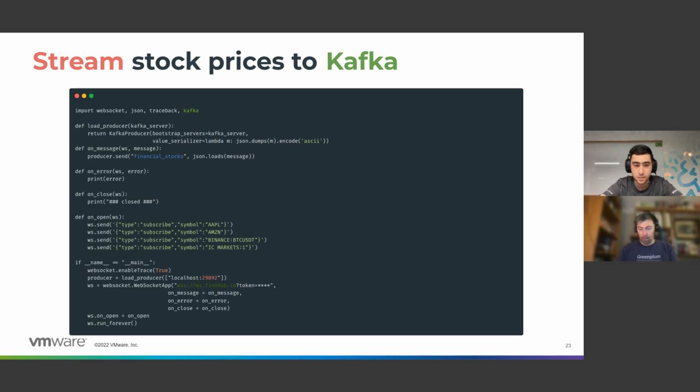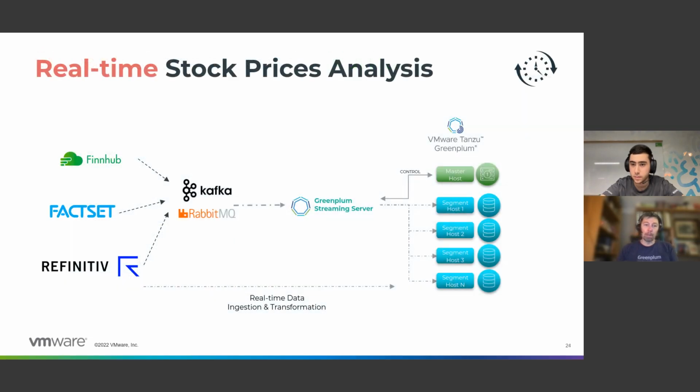Yeah, so this is, as we mentioned, the Greenplum streaming server. You submit a job, and the job will subscribe to the topic. There you go, that's the handy picture we made earlier. So you have a control server, the streaming server, that manages those jobs.